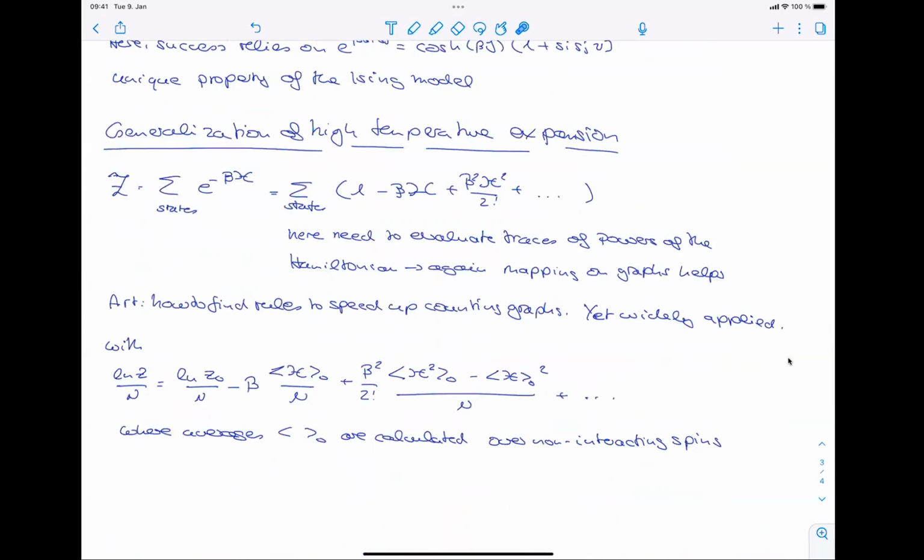So that was the high temperature series expansion, and now we go to the low temperature series expansion.